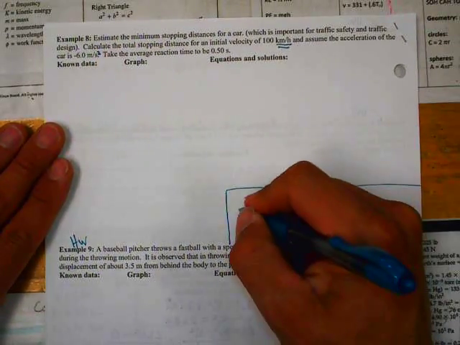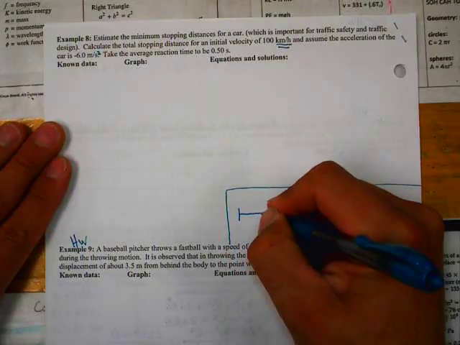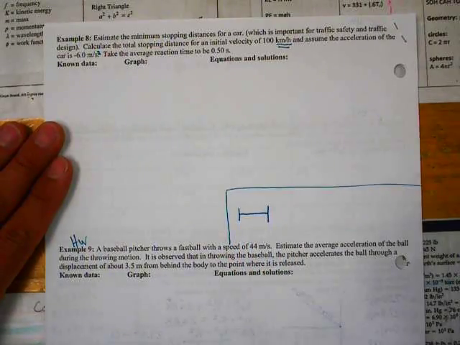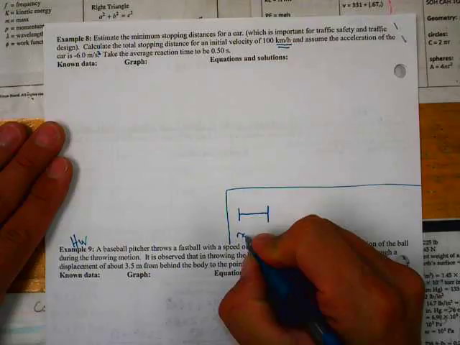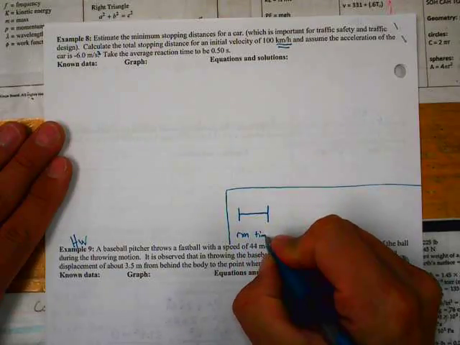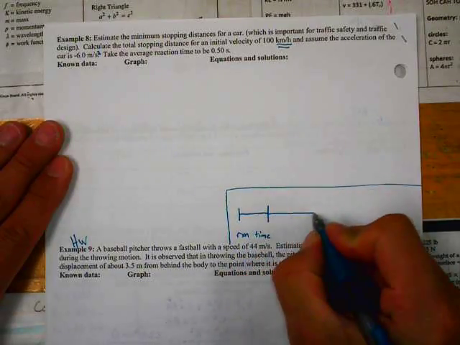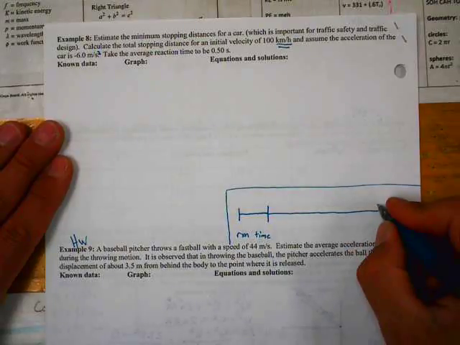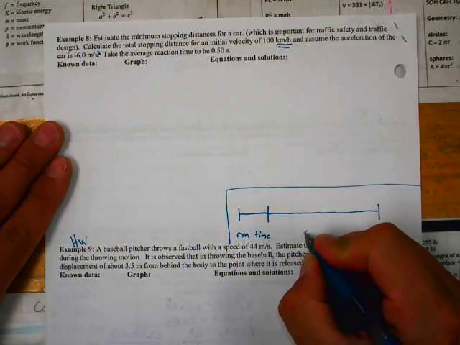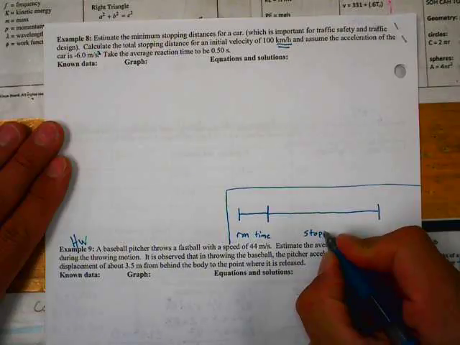So we're going to have this initial distance here where the person hasn't even hit the brakes yet. That's the reaction time. Then there's going to be this distance here where they are braking. So I'm going to put stopping time.